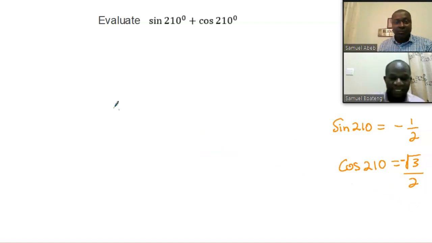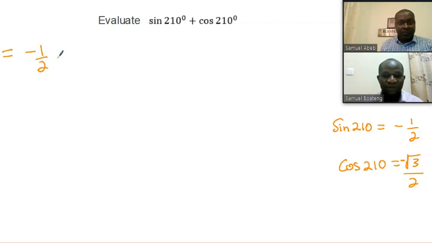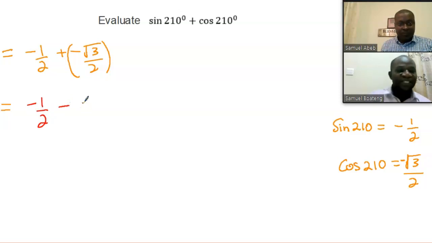Okay, so now let's substitute these values in the expression. So you have minus 1 on 2 plus bracket minus root 3 on 2. Okay, we can expand it. So minus 1 on 2. So plus and minus will tend to minus, so minus root 3 on 2.